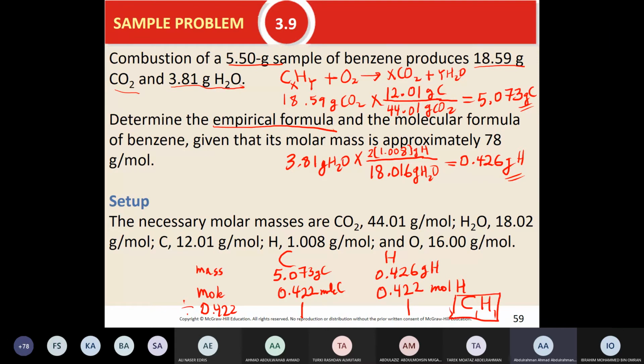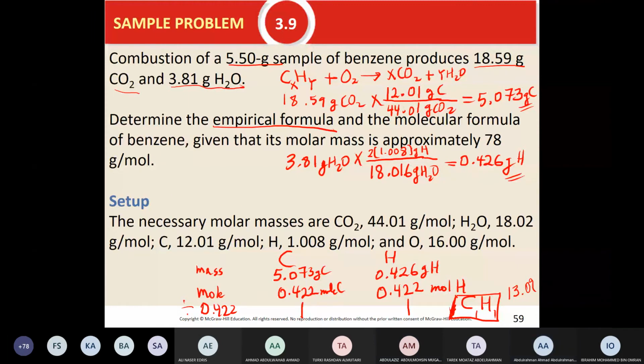What's the mass of this empirical formula? The molar mass, 13.09 grams.